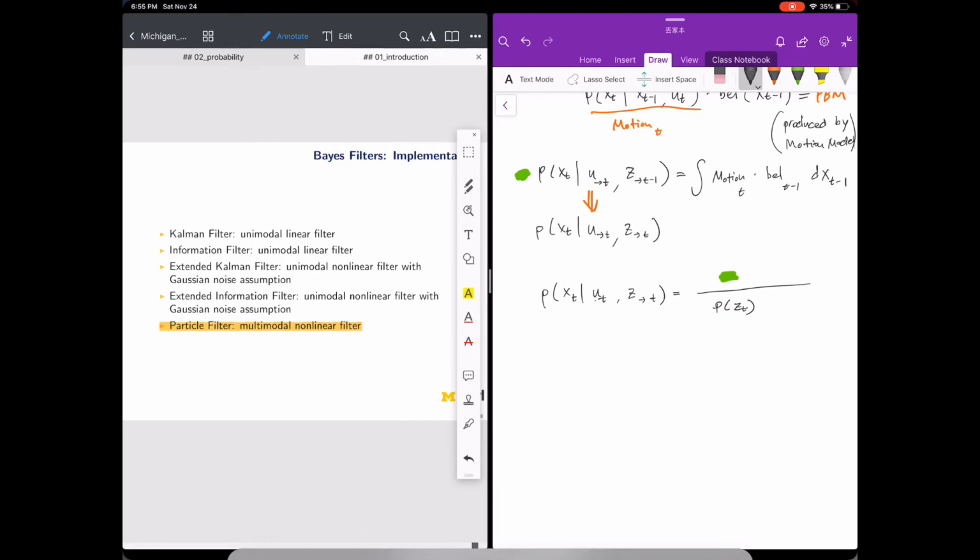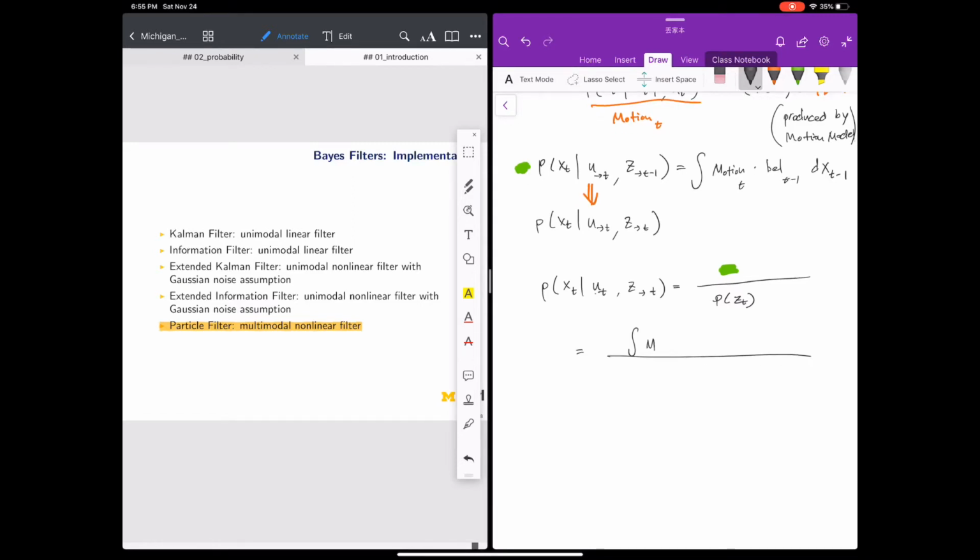If we write it explicitly, this is just motion of t, belief of t minus 1, dxt minus 1.